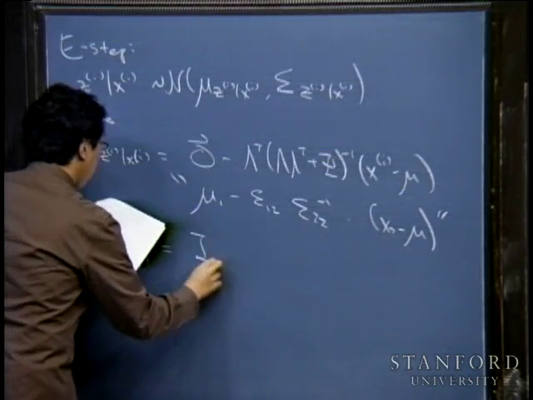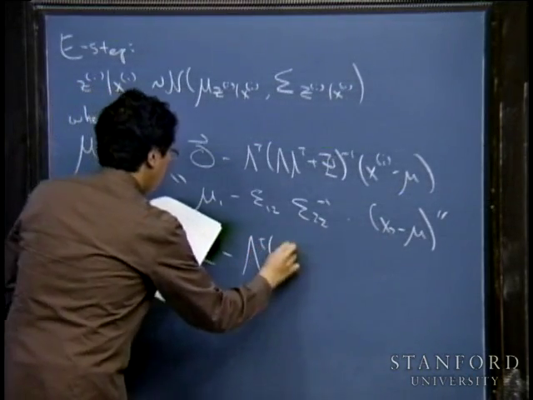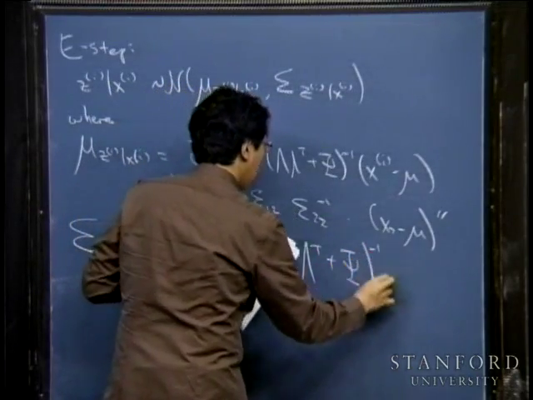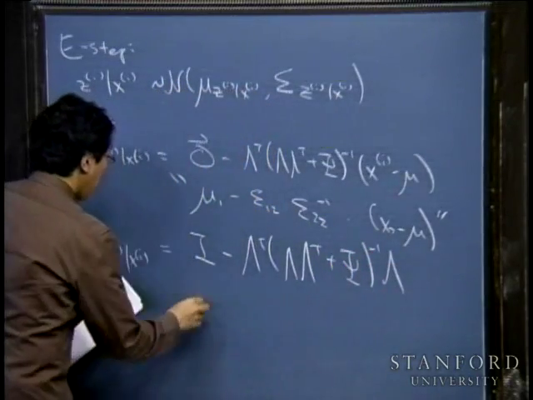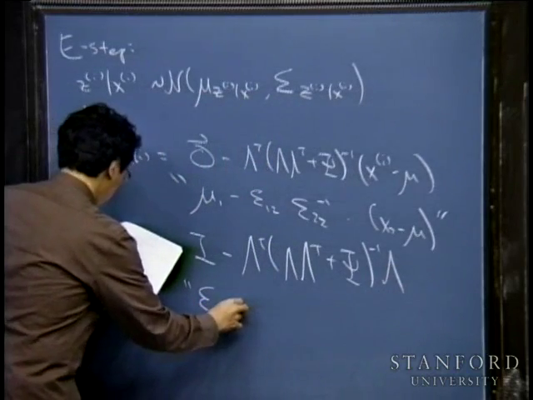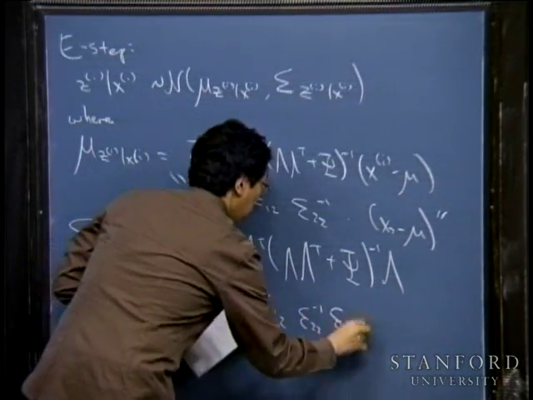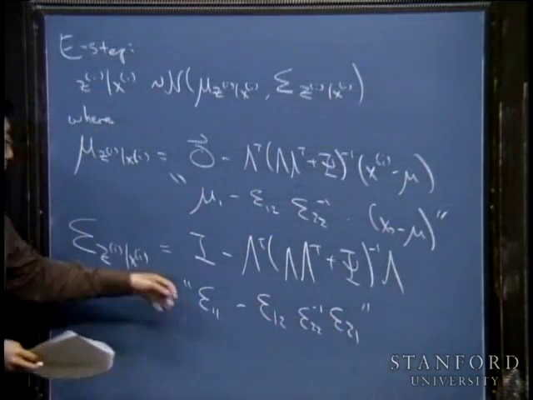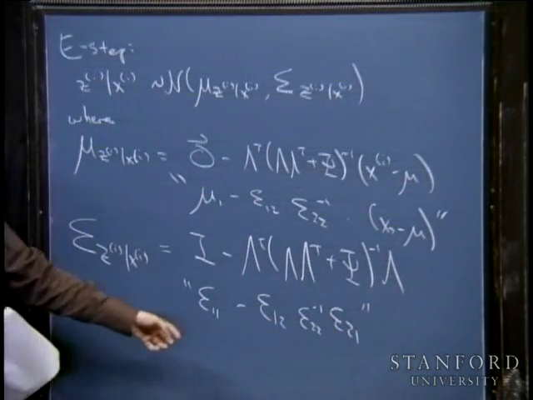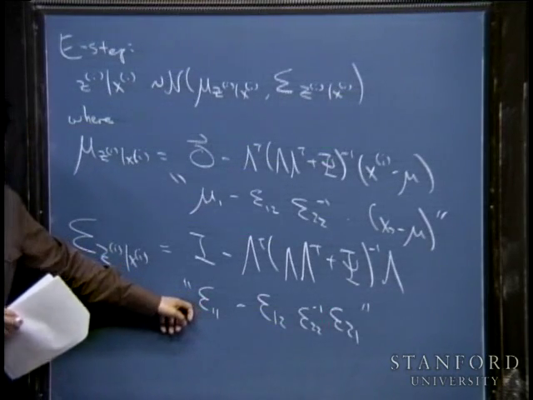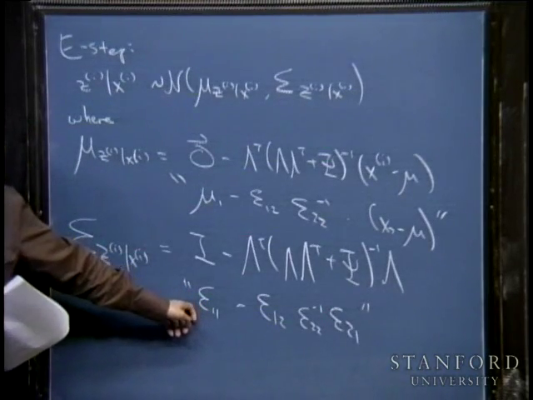And that is going to be given by that, and again, those are the terms corresponding to the formulas I had for computing conditional distributions of Gaussians.